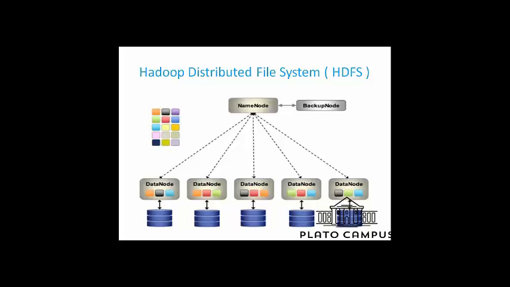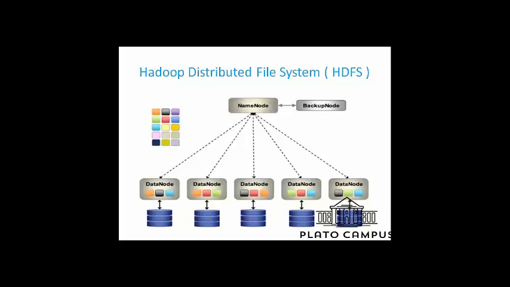We have a backup node which is ultimately your secondary master, or backup, and all the data nodes are nothing but your slave machines. In this picture you can see that the name node is controlling all the data nodes, because as you know we are interacting with the master machine only, and that is interacting with multiple slave machines.